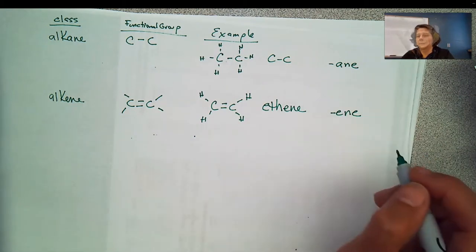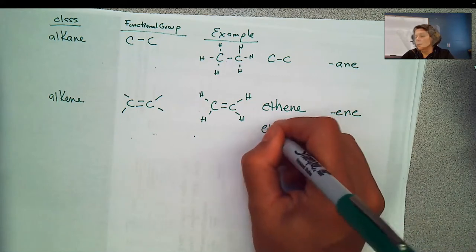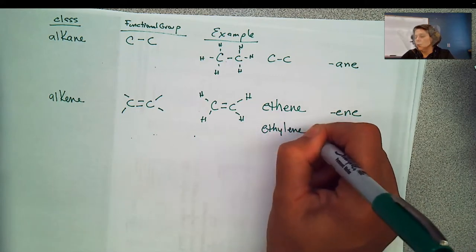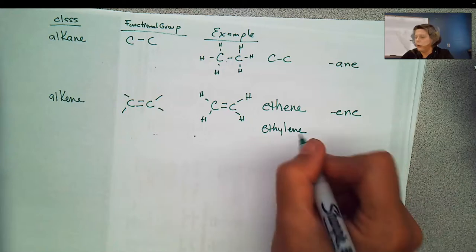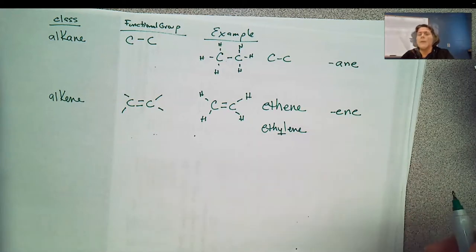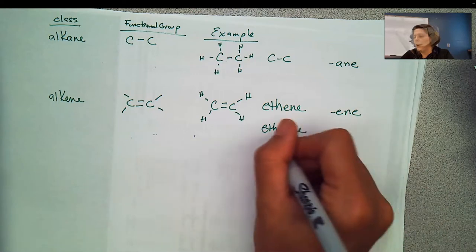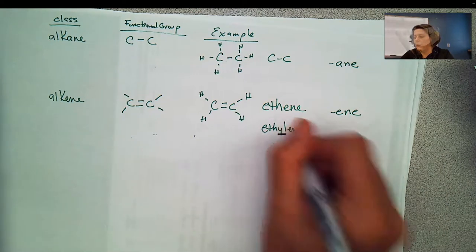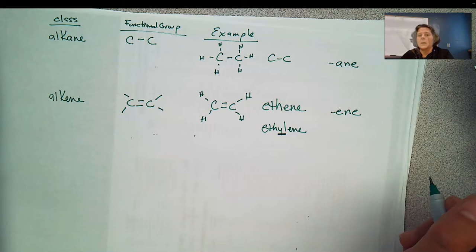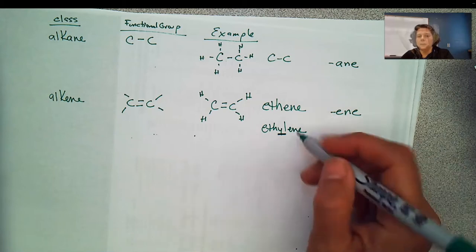So ethene. Now this is just a weird quirk of things: ethylene, putting this little group in here, is also the same compound. We'll come back to this YL in a little bit, but for right now, these two are the same thing.